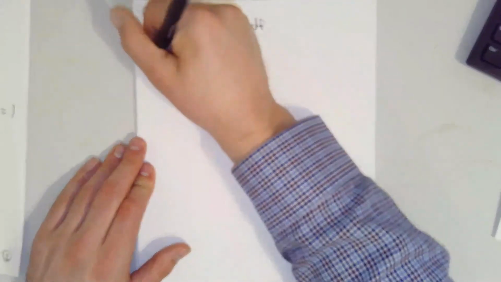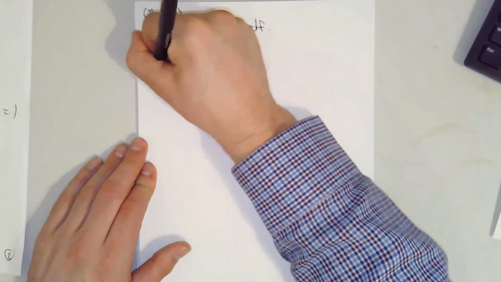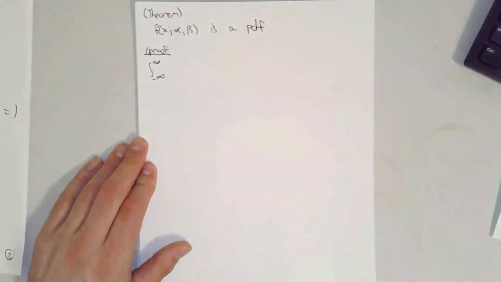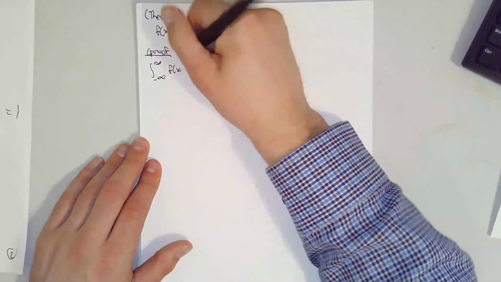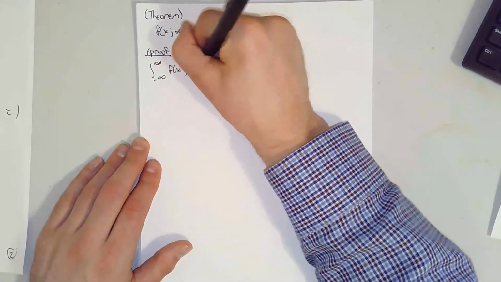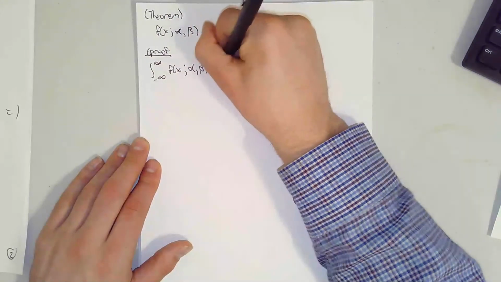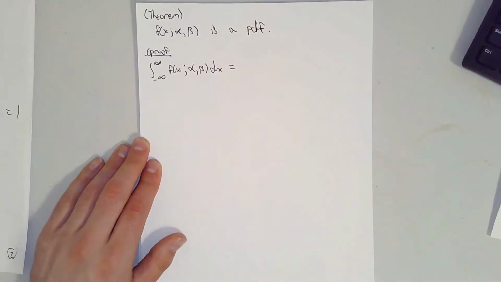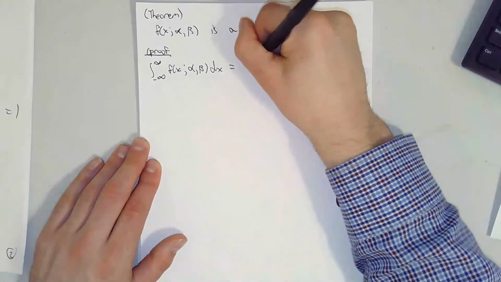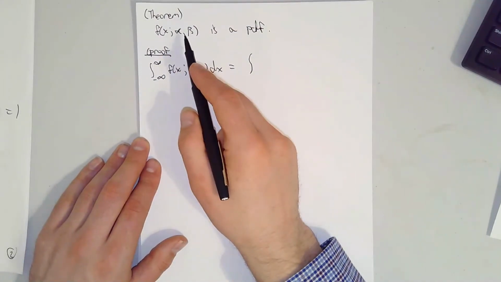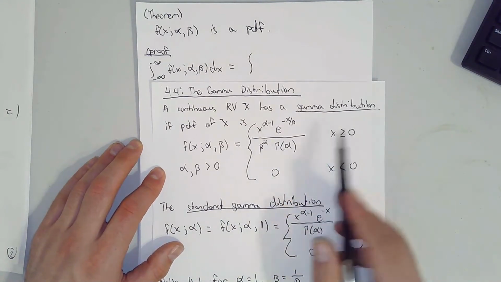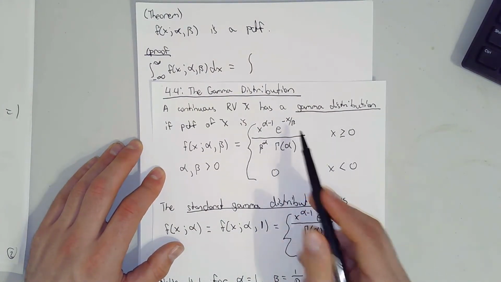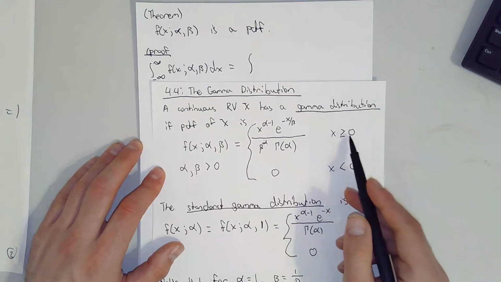The only thing that we need to show now is that the integral from negative infinity to infinity is equal to 1. By definition, this function is this value only for values of x bigger than or equal to 0.